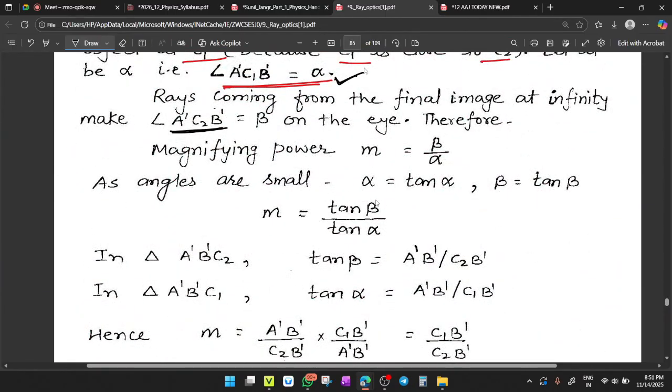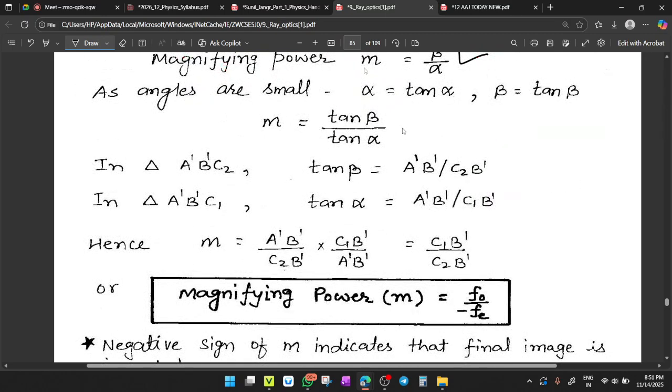Now as the angles are very small, beta can be treated as tan beta and alpha as tan alpha. Tan beta is perpendicular upon base, which equals A'B' upon C2 B'. And tan alpha equals A'B' upon C1 B'.